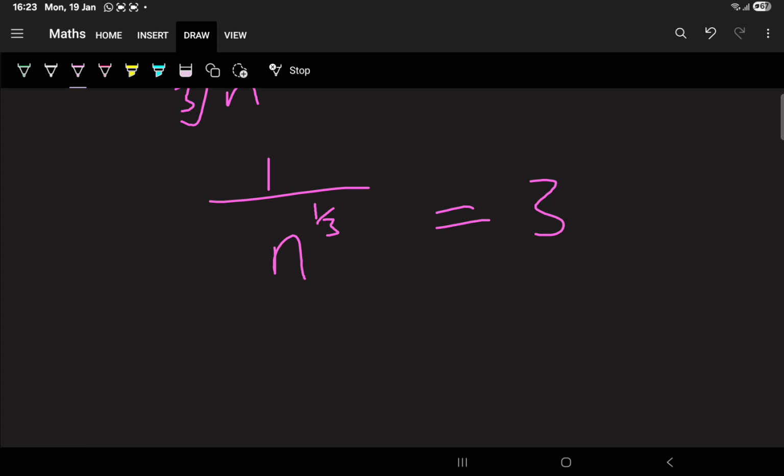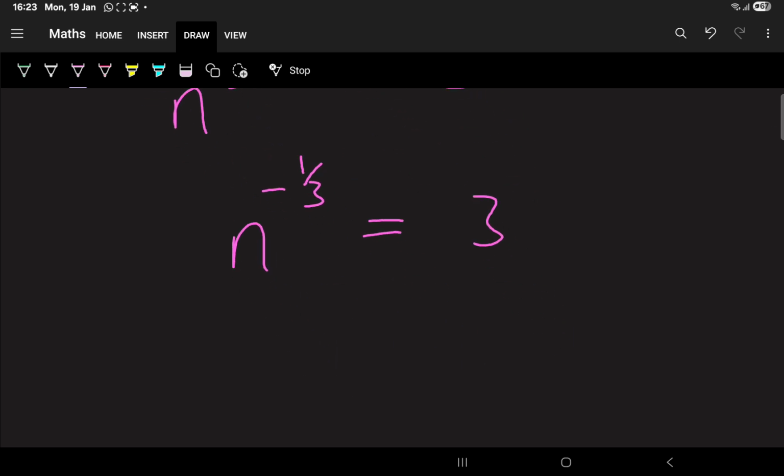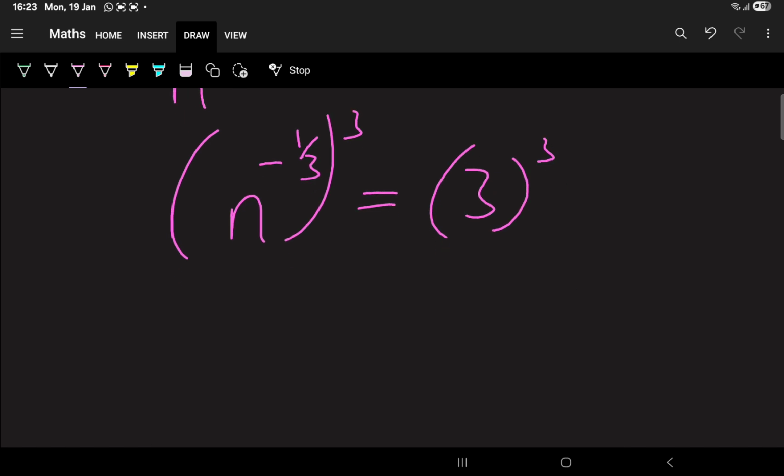Now we can rewrite this as n to the negative 1 over 3 is equal to 3. Now we can take the cube of both sides. Taking the cube of both sides, we have n. The index here is going to multiply this, so it's going to be negative 1 over 3 times 3. So this is going to be n raised to the power of negative 1 is equal to 27.